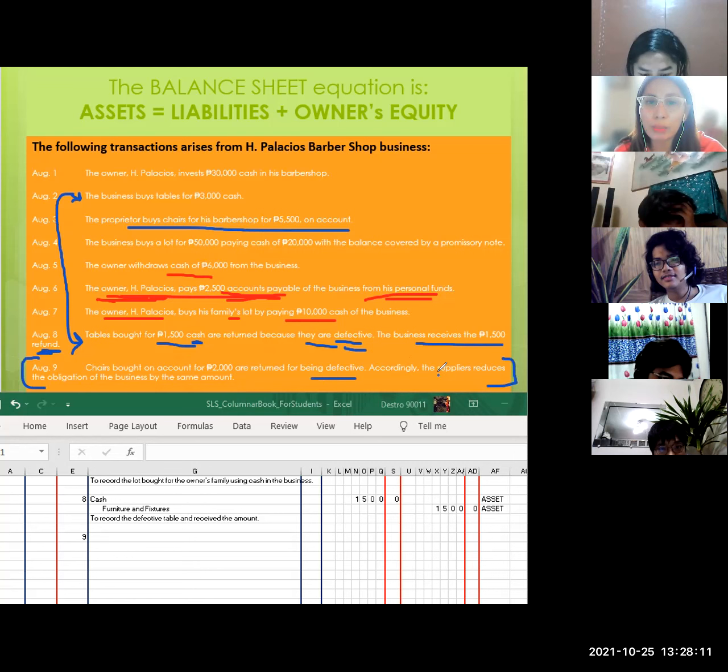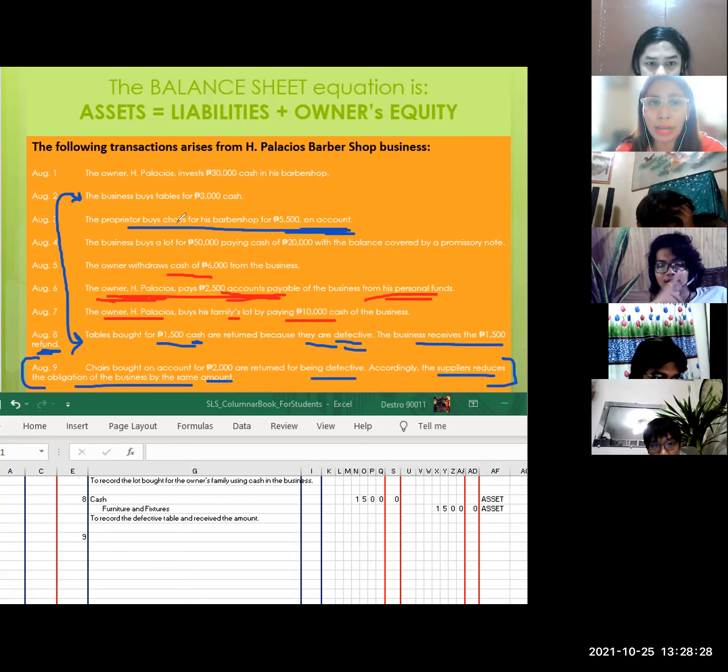Accordingly, the supplier reduces the obligation of the business by the same amount. On August 3, meron pang obligation yung business to the supplier. Yung pinagbilihan nila ng chairs. Okay? This 5,500 on account.